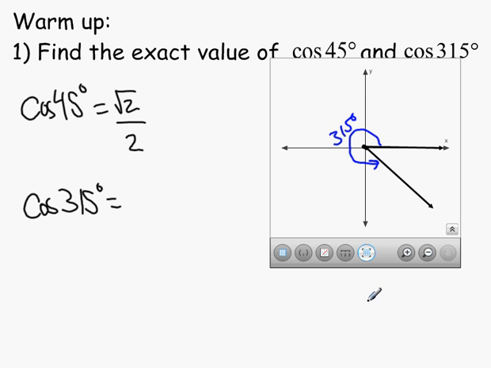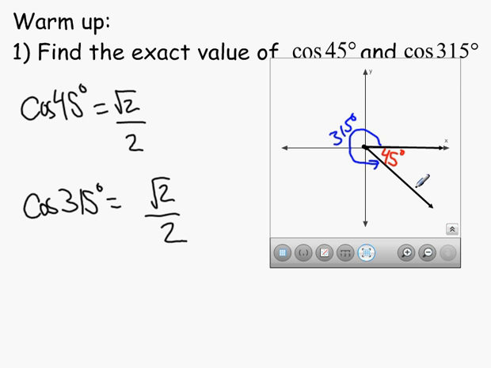Now I have to find the reference angle. The reference angle is 45 degrees. So I'm going to use the reference angle to find the cosine of 315 degrees. What's the cosine of 45 degrees? Well, I found that already. It's radical 2 over 2. Now, all I have to worry about is if cosine is positive or negative in the quadrant in which the reference angle is located.